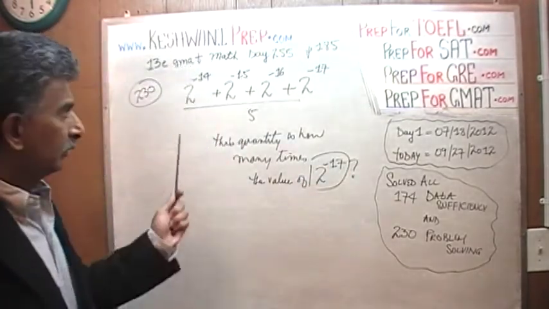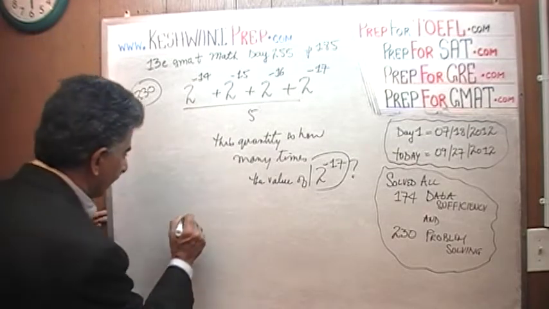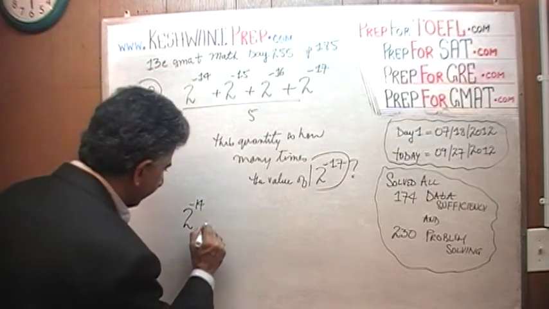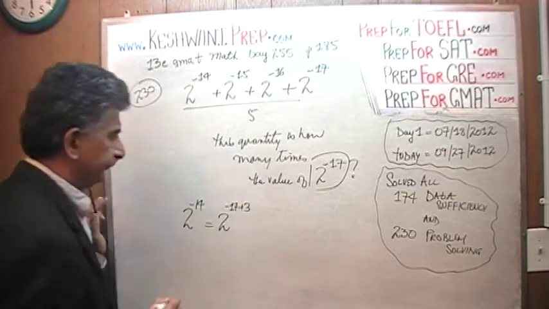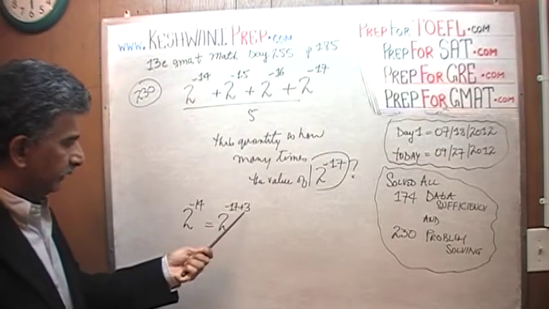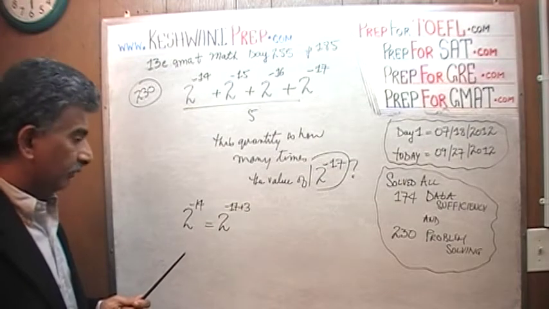But like I said, we're not going to try to do the entire thing in one shot. Let's first take a look at this one, 2 raised to negative 14. I hope that you're able to see that this is the same as 2 raised to negative 17 plus 3. Negative 17 plus 3 is negative 14.